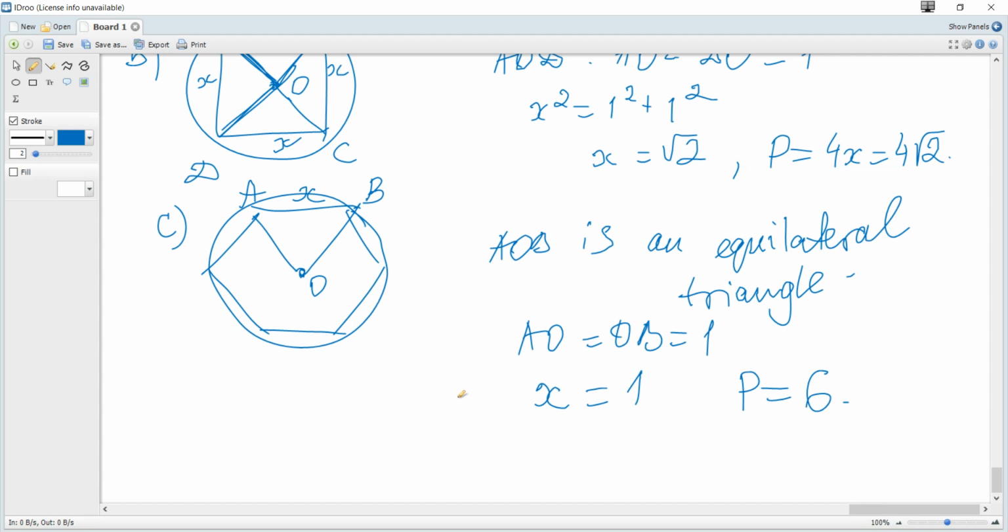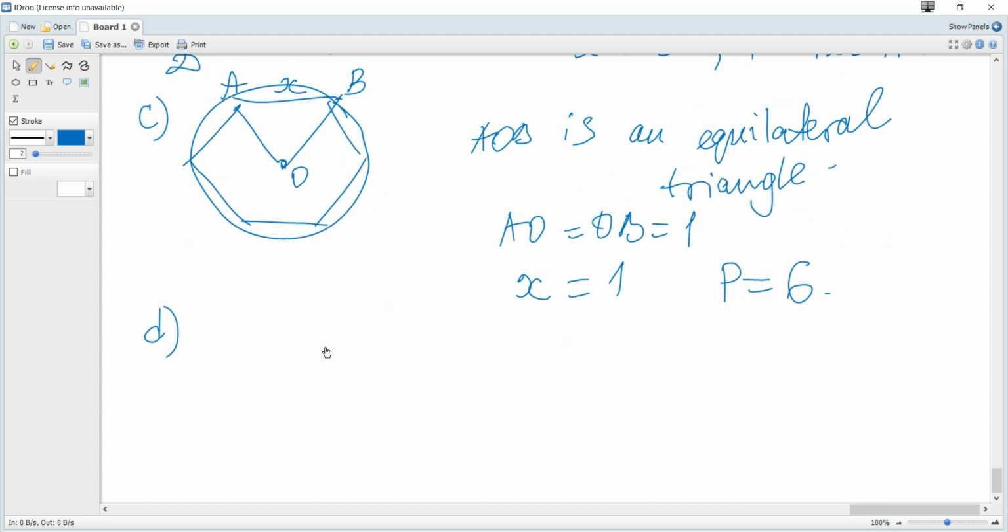The next, let P of n represent the perimeter of any n-sided regular polygon inscribed in a circle of radius 1 unit. D, show that P of n is 2n sine of pi over n, 3 marks.